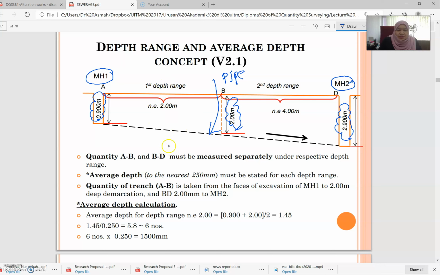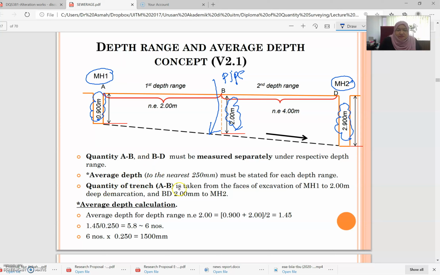We have 2 meter here, so the range A to B needs to be separated from B to C, because you have 2 meter depth range. It has to be measured separately. Average depth to the nearest 250 must be stated for each depth range.